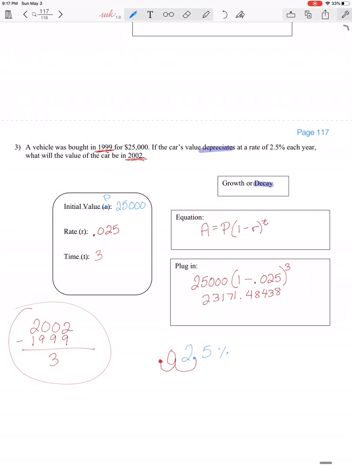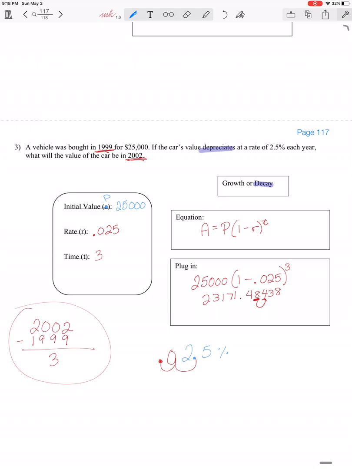Now, we're talking about money, the price of a car. We want to round to the nearest hundredths place because we're dealing with dollars and cents. So we're going to look to the one next door. 4 or less, let it rest.